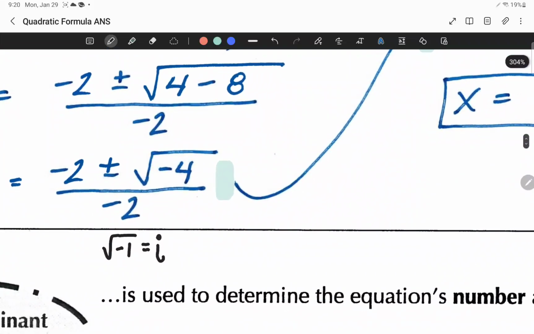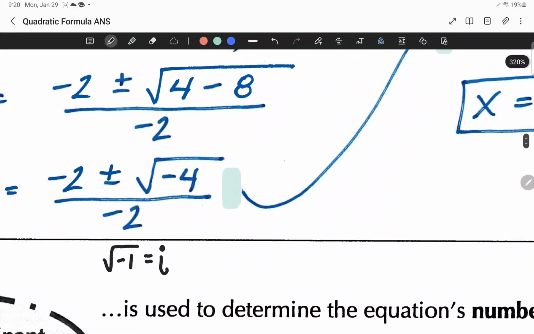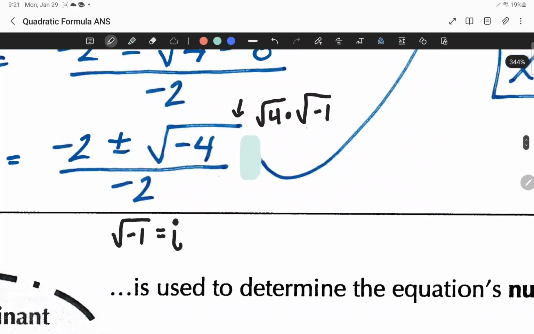Okay, so whenever you have a negative square root, you cannot leave it that way. So what we're going to do now, we're going to separate this into two things. We're going to separate it into the positive number, and then we're going to separate the negative number, which is what? The square root of negative 1. Now, if you look at the property on the bottom, the square root of negative 1 turns into an i.